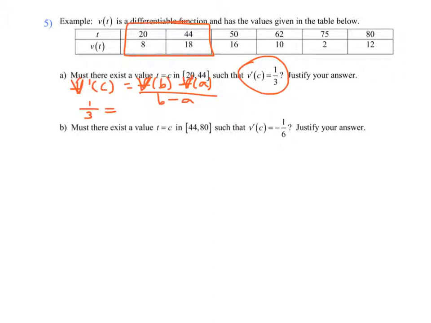All right, so v of 44 is 18 minus v of 20 is 8 over 44 minus 20. So I have 1/3. Does that equal 10 over 44 minus 20, which is clearly 24? And so even if I simplify this, 10 over 24 certainly does not simplify down to 1/3.